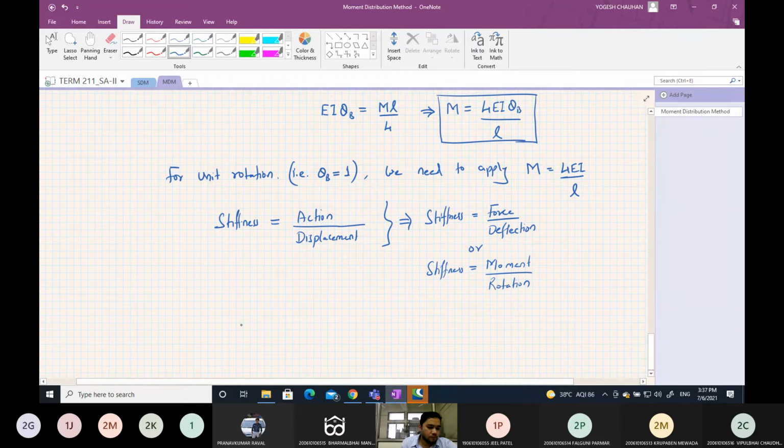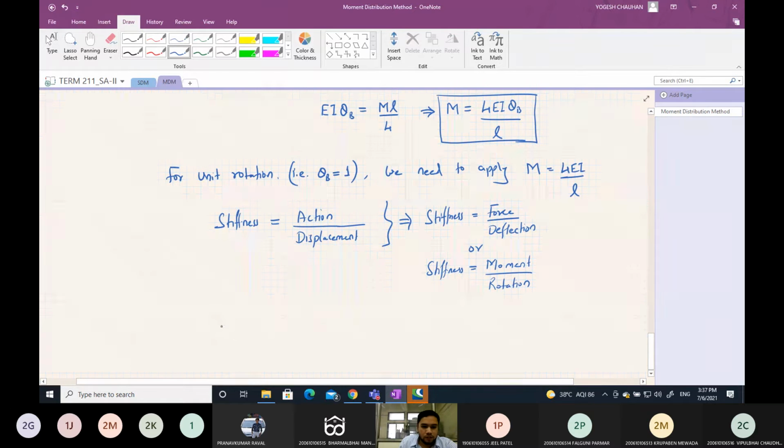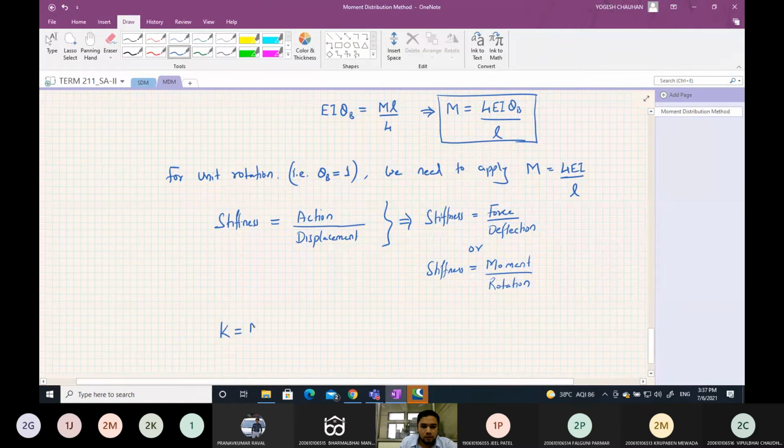So here we are finding the stiffness in terms of moment, so we can say K is equals to m by theta.